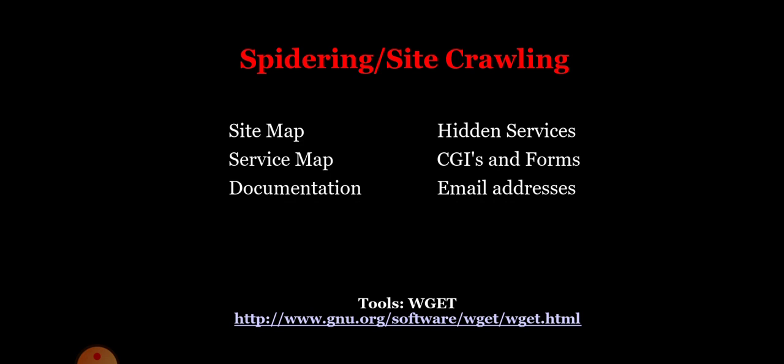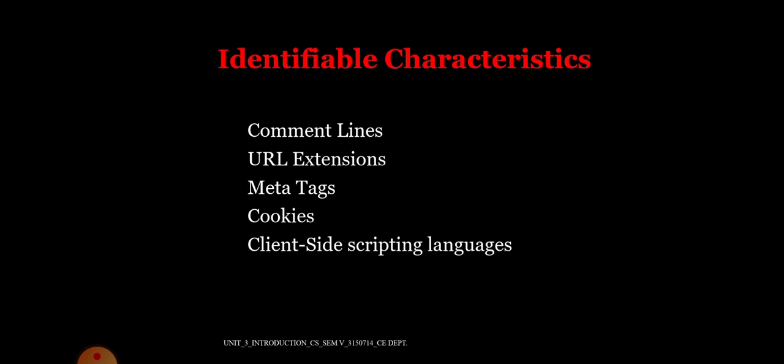Tools we get here: we are also trying this URL, www.gnu.org/software/wget.html. Identifiable characteristics are comment lines, URL extensions, meta tags, cookies, and client-side scripting languages. You need to identify the following parameters.